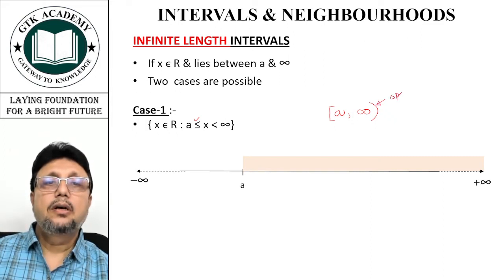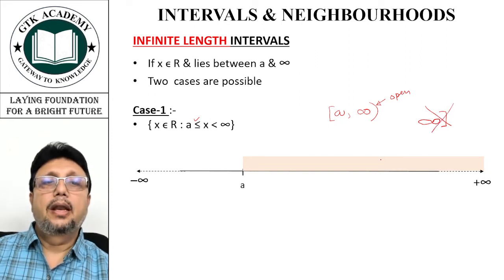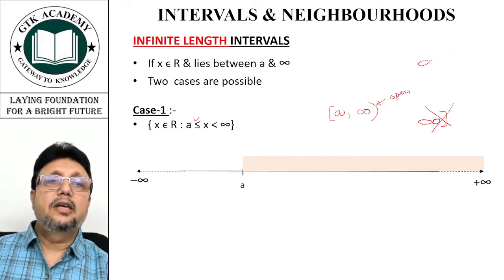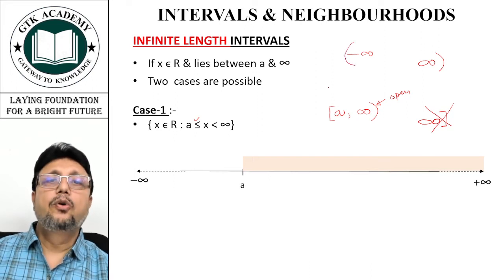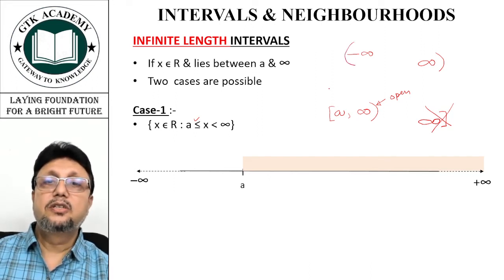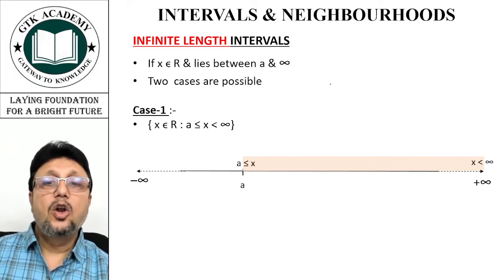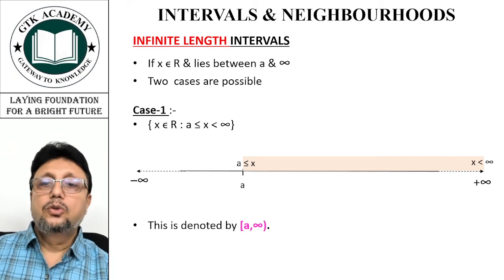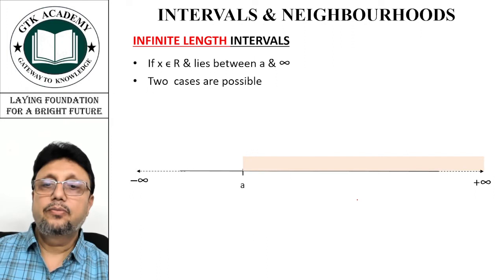Because infinity is not defined. So after infinity, you can never put a closed end. If it is infinity, you will always put an open end. And if it is minus infinity, there also you will put an open end. Please note this, this is very, very important, because infinity is not defined. So this interval is denoted by [a, ∞), what we discussed.